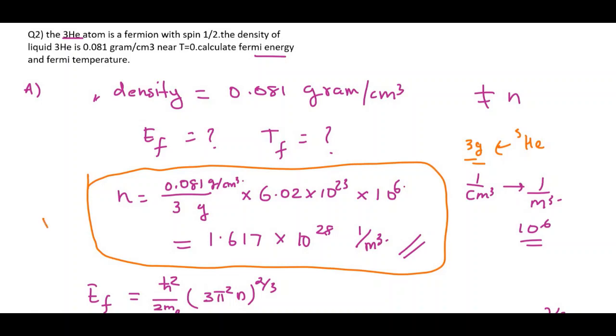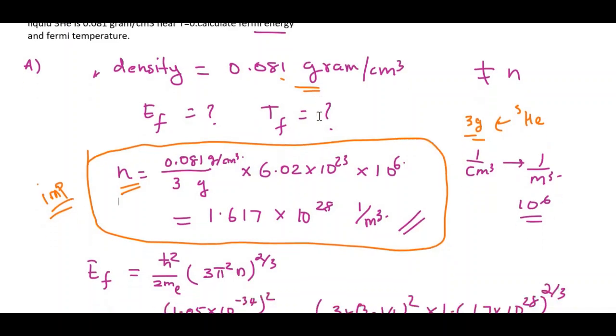So this part is important, because you must know the atomic mass, and you must know the fact that this is not the number density in the equation of EF. So be careful. It is very easy to find Fermi energy and Fermi temperature, etc. Only need a little care.